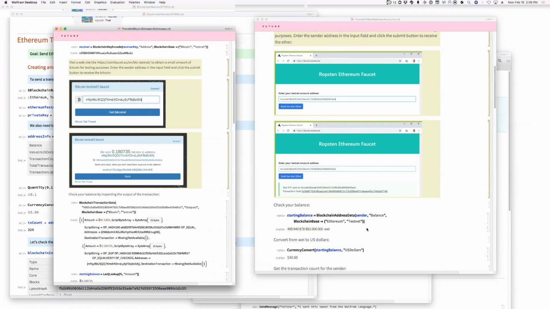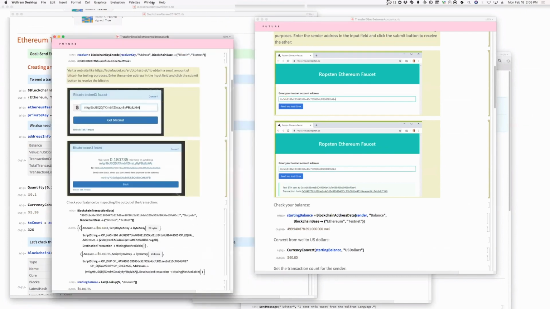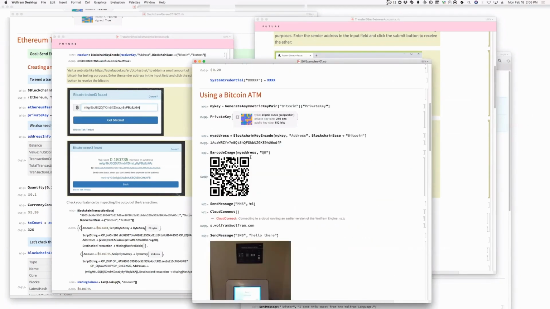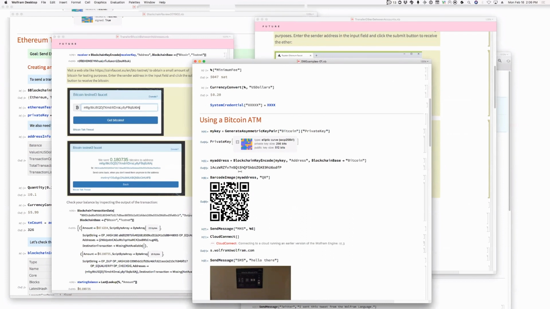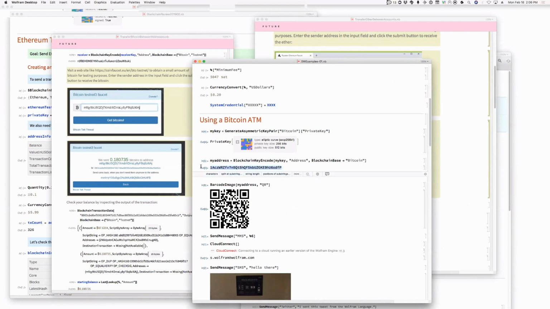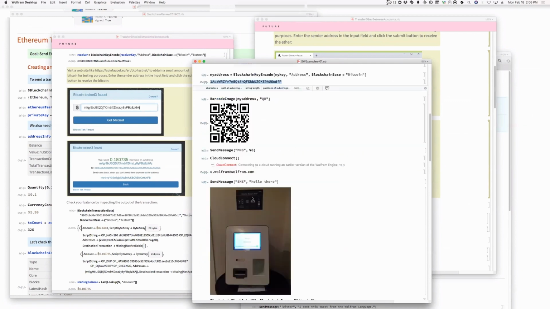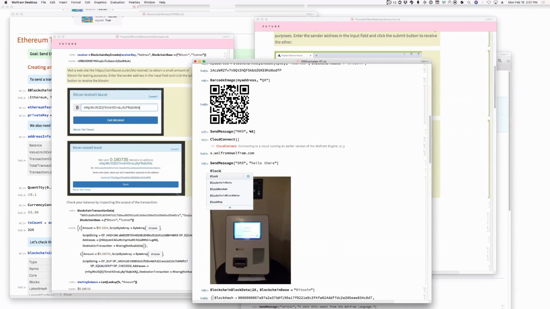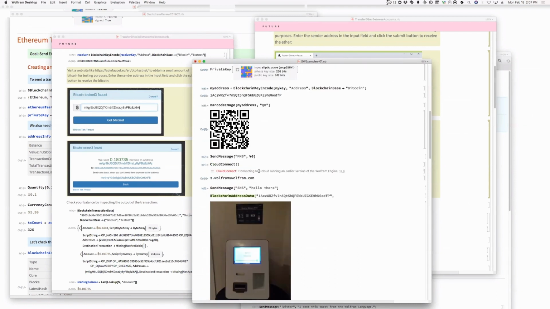Okay. And so if I use blockchain address data over here, for my little ATM efforts, if I said blockchain address data of that, comma, what would I get if I did this? What would it tell me? So try.